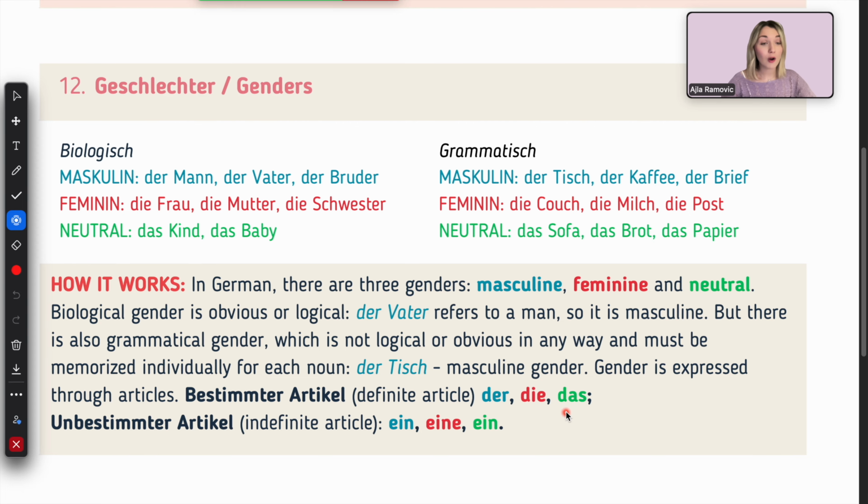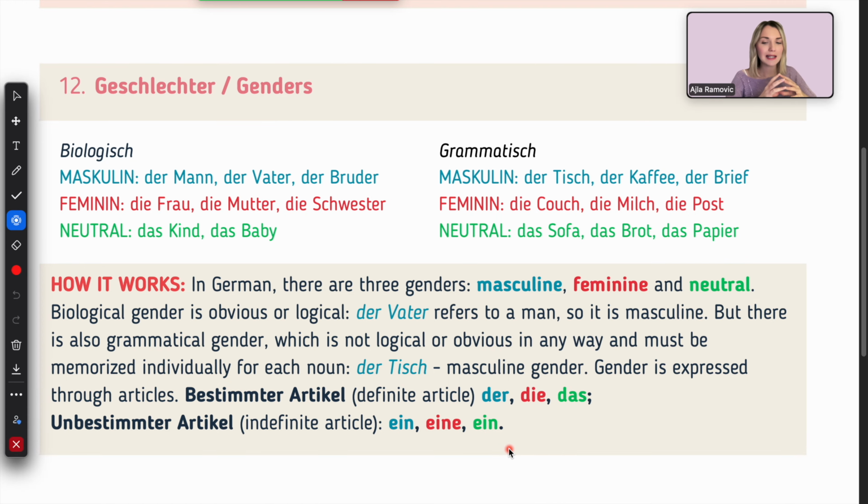We also have unbestimmter Artikel in German. So this is the indefinite article. The indefinite articles are ein for masculine, eine for feminine, and ein for neutral. Ein masculine, eine feminine, and ein neutral.